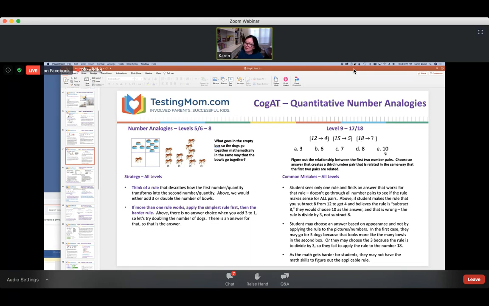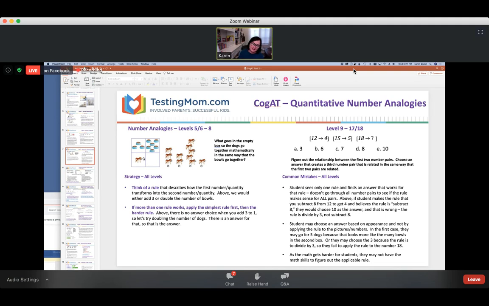But that's not correct, because that isn't how we got to 5. The way we did get here was we divided by 3, and we have to try another rule. So you make sure you apply your rule to all of the different options here. So that is one example. Another example of a mistake kids make is that they just choose an answer based on appearances, and they aren't even trying to figure out the rule.